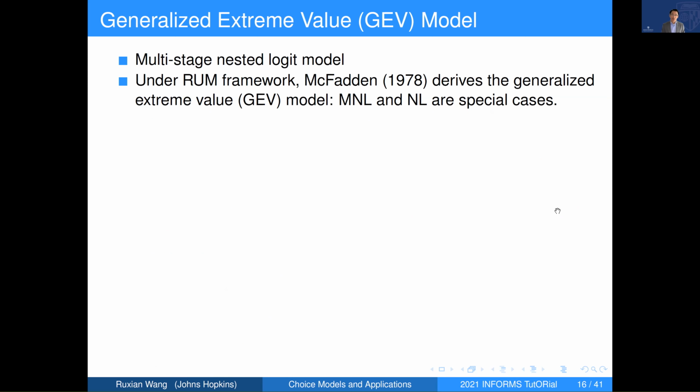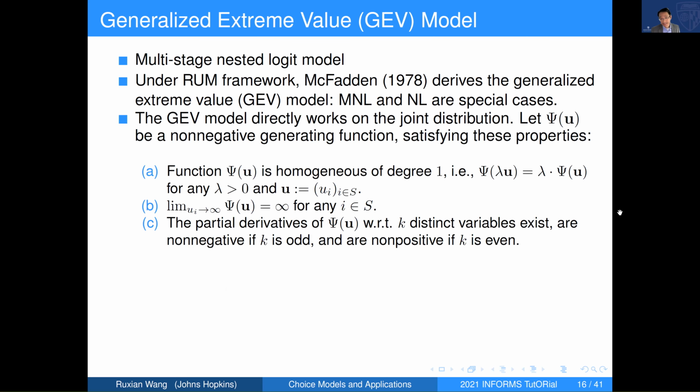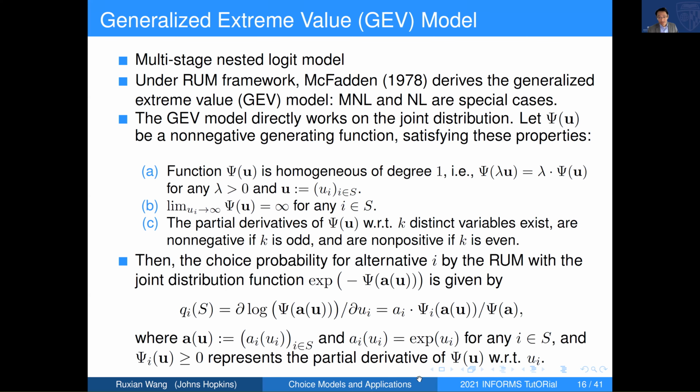We can further generalize the MNL and nested logit choice models. Here is the generalized extreme value, or GEV, model. Actually, the MNL and the nested logit choice models are special cases of the GEV. In the GEV model, the very important part is the generating function.